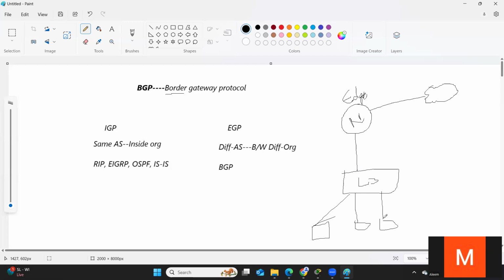Here mostly we create VLANs, and these VLANs are connected to multiple users, PCs, IP phones, or servers. These are all host devices. Host means end users using PCs or servers for applications.